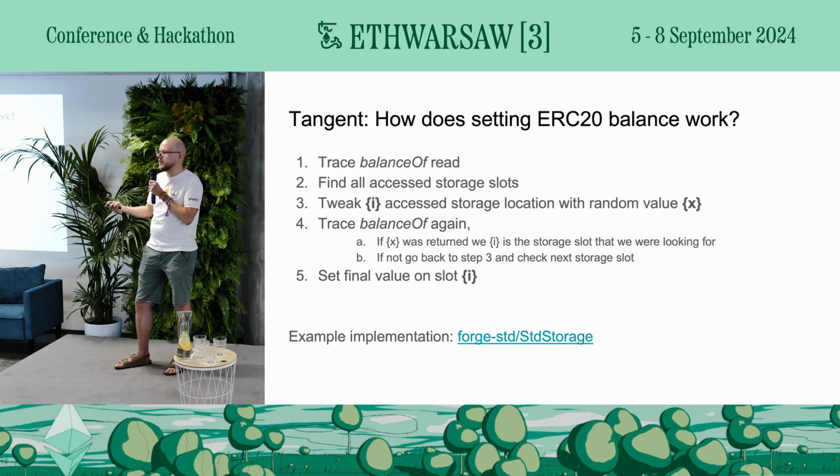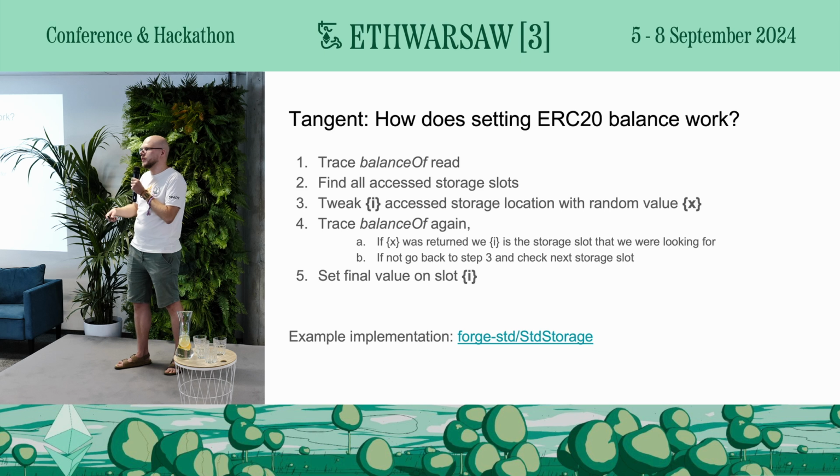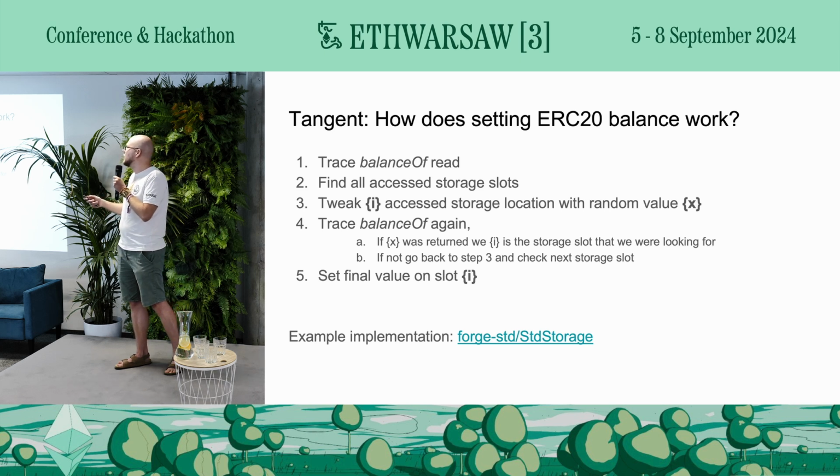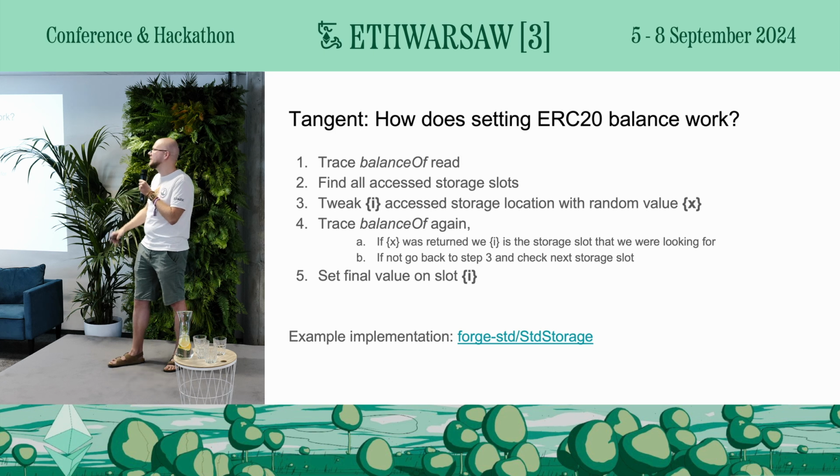We would see that this SLOAD accesses some storage slot, we put a random value there, and we redo the whole thing. We call balanceOf again and see if that random value gets returned. With this approach, we could actually find the storage slot that holds the balance, if it exists, because it could happen that it doesn't exist because it's multiplied by some constant.